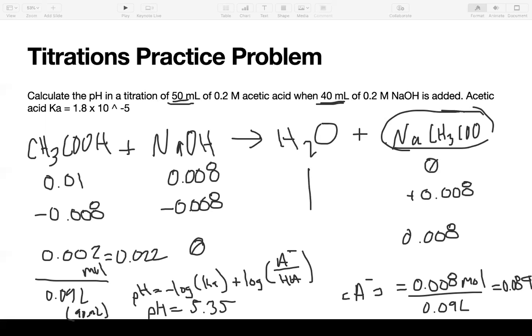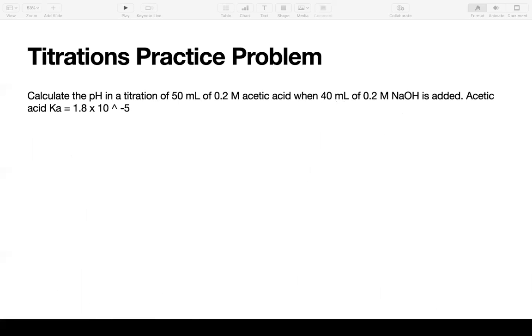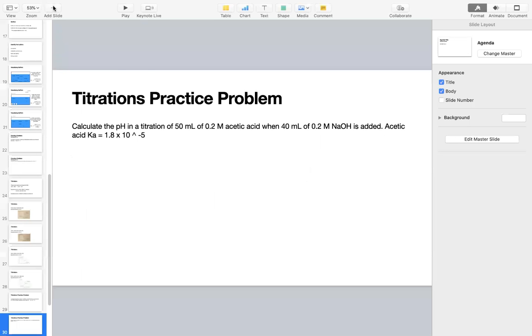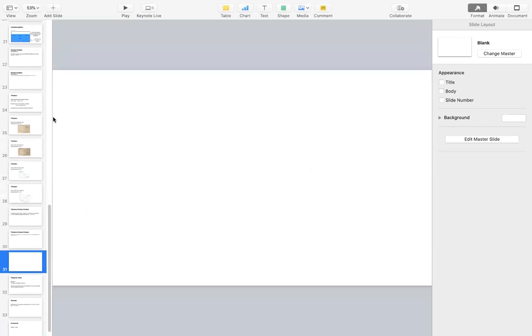All right, I'm going to go ahead and clear the screen then. And then I'm going to add a blank so we can work on it. All right. So this problem we're going to be going over is on page 275, number 3.